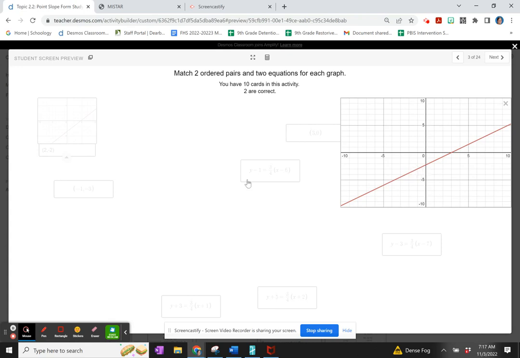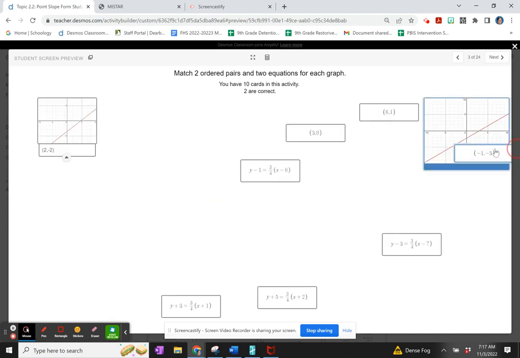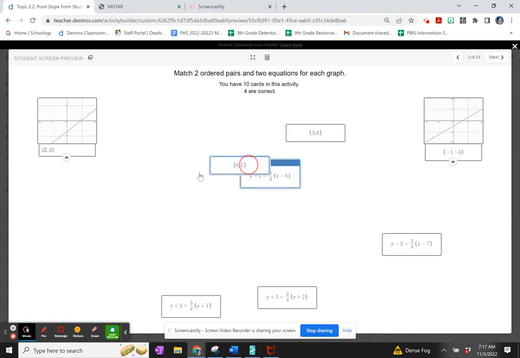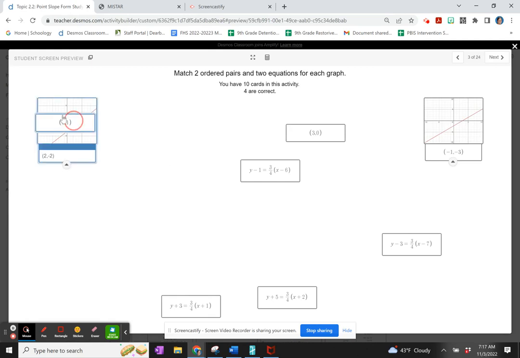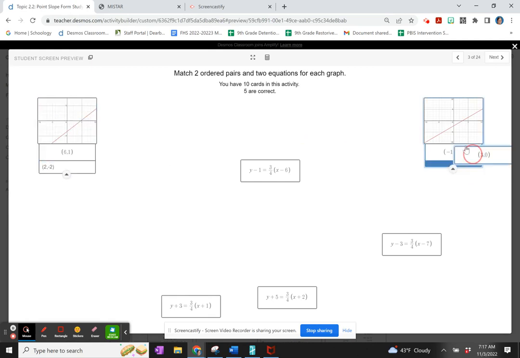-1, -3 is actually on this graph. 6, 1 is for that graph. 3, 0. And you'll get better at this as time goes on.